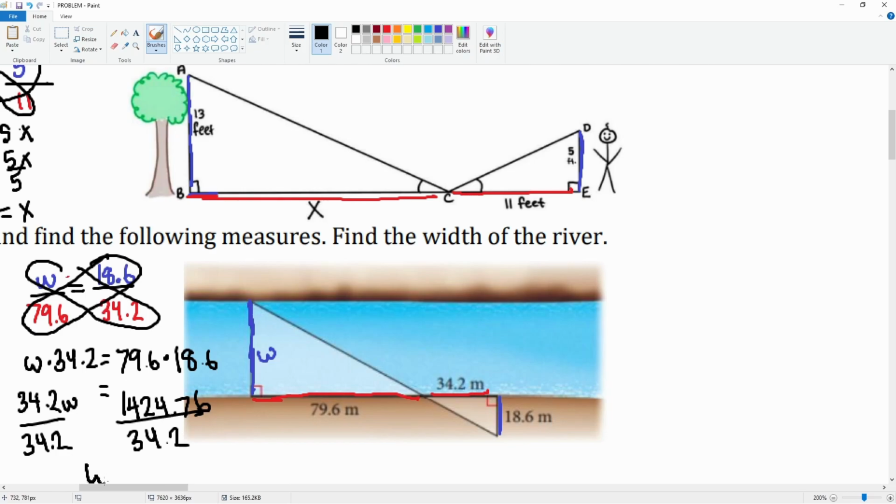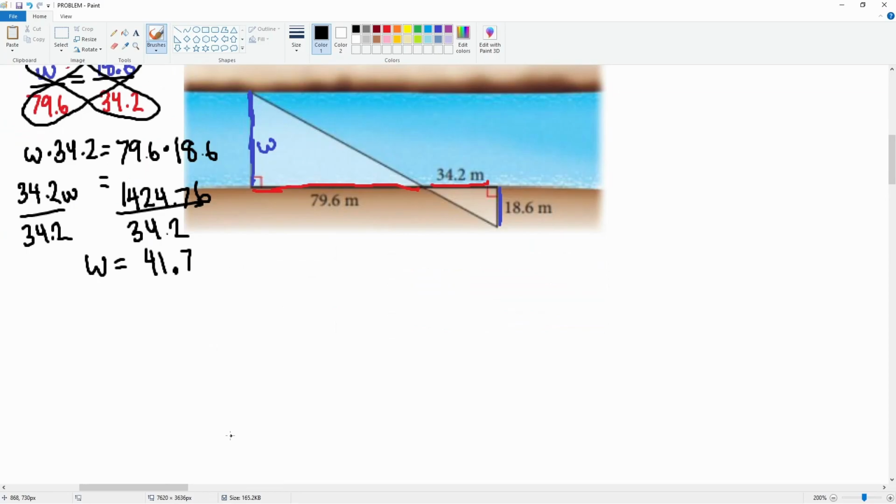Okay, W is equal to 41.6. Now we can go with 7 if we round to the nearest tenth. Okay, meters. All right, so there you go.